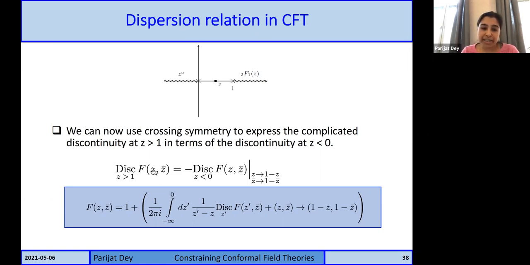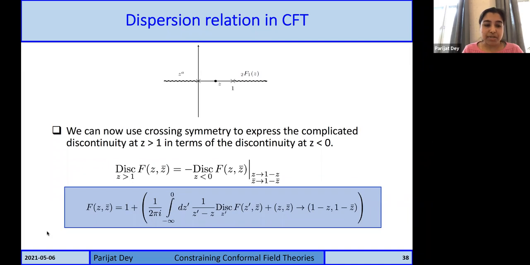And using a coordinate change, we can write it like this. So if we know this, and together we have crossing, we can actually fix the discontinuity when z is greater than 1. So with this, we end up getting this expression for the correlation function. And in this expression, this is the only part that we have to compute, which is a discontinuity of the conformal block when z is less than 0. So this is the final dispersion relation.